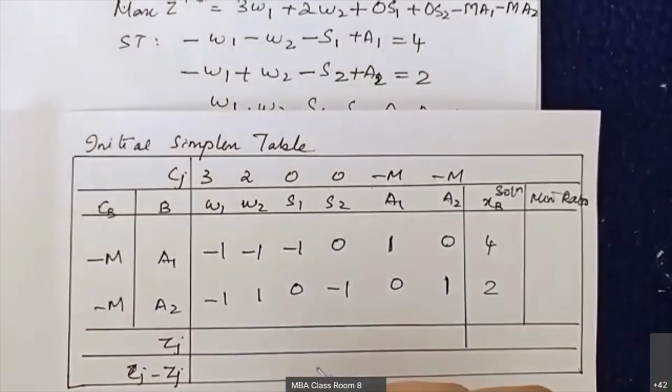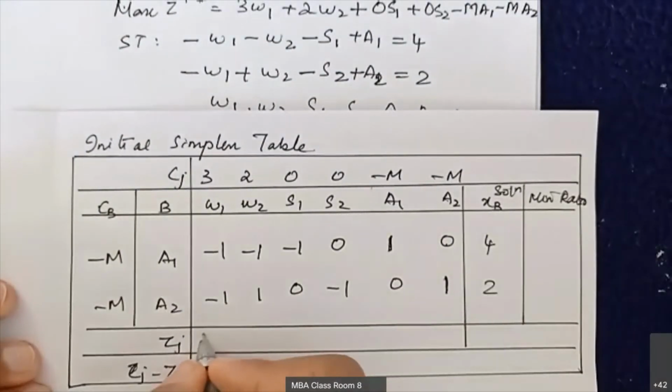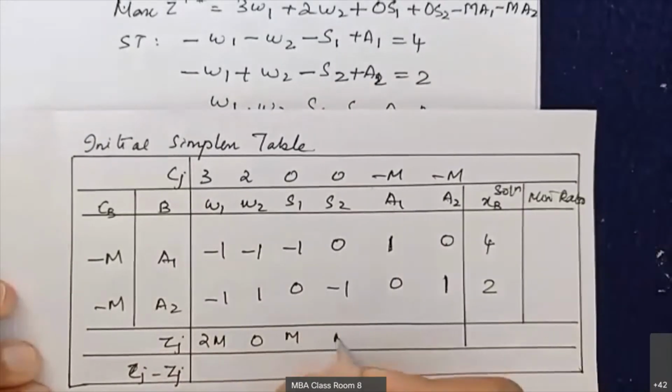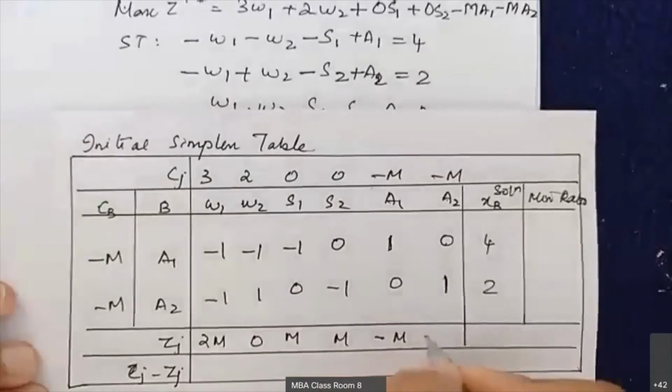You already know all this now, so I'll do it a little fast. Zj is going to be 2M, 0, M, M, minus M, and minus M.